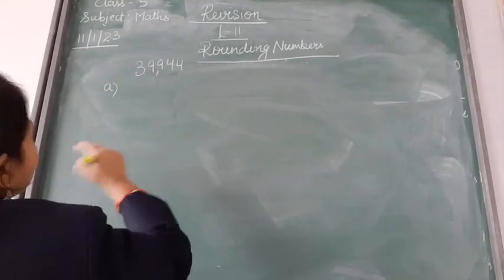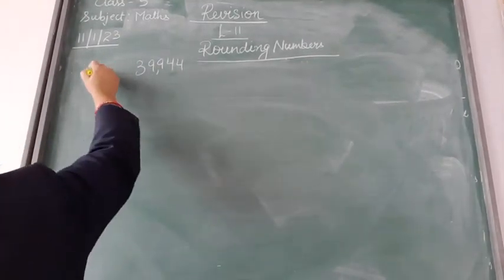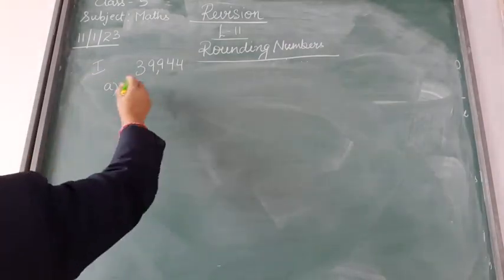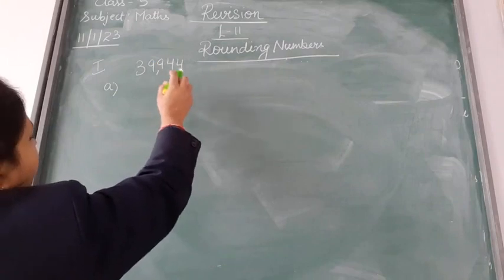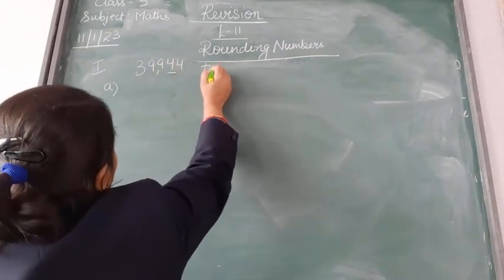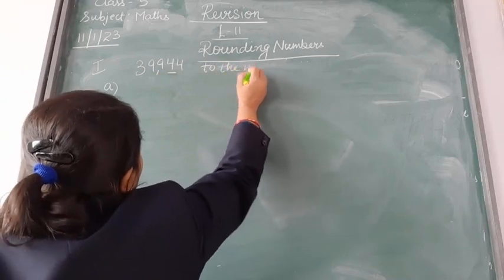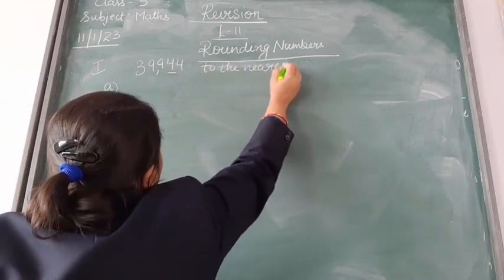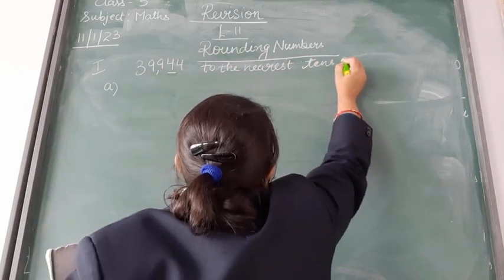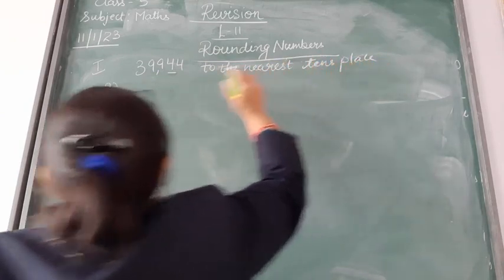So what is the first step, children? This is my first question. The first step is to find out the digit at the rounding off place. Since we are rounding off this given number to the nearest 10th place, we will check what is the digit at the 10th place.